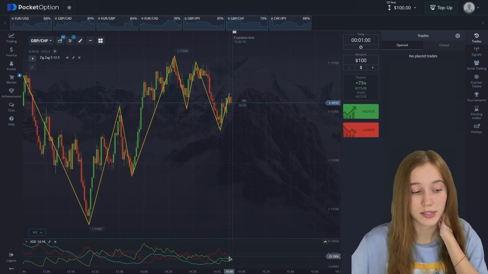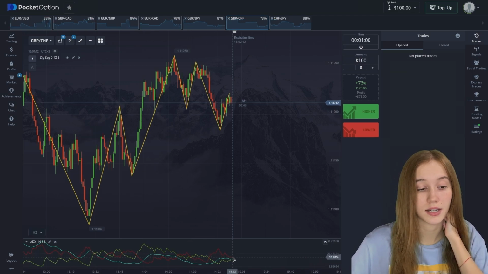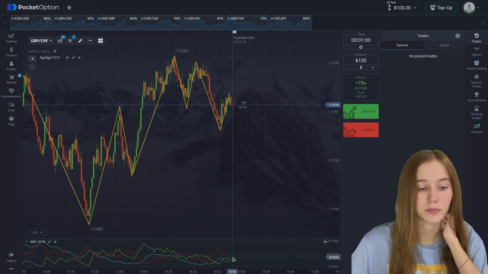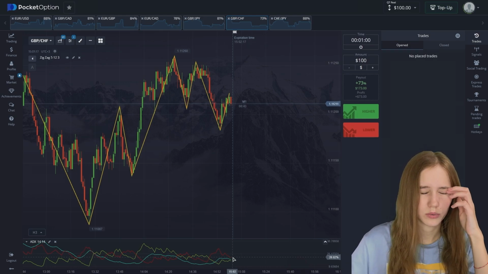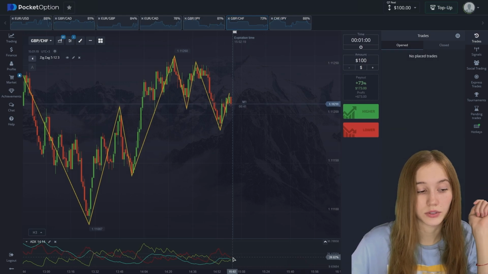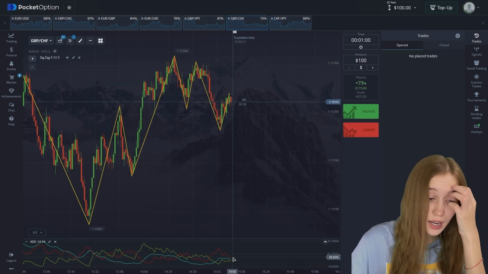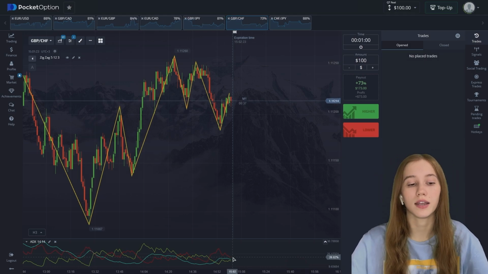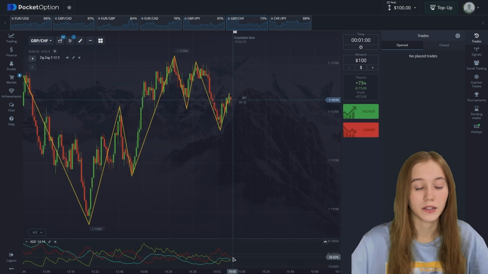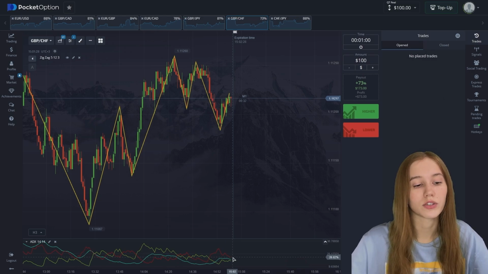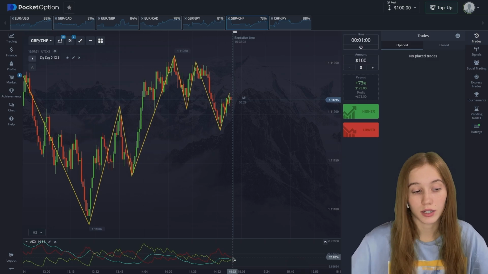This is plus DI and minus DI, the red lines. So for your convenience, ADX works on any instruments and at any intervals. It allows you to evaluate the strength of a trend at certain points in time. The stronger the trend movements, the higher the ADX line.